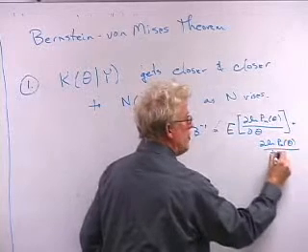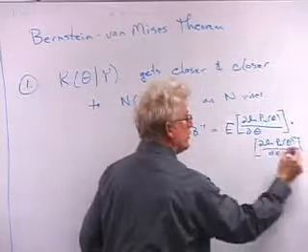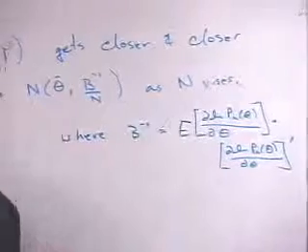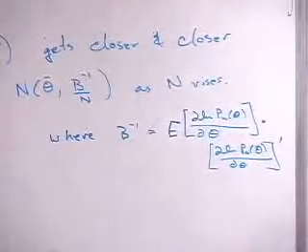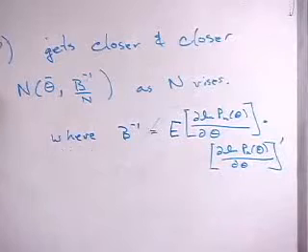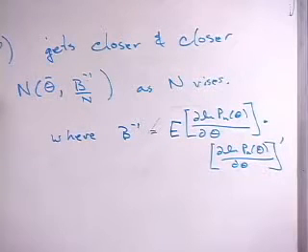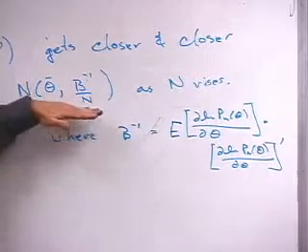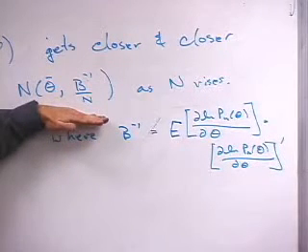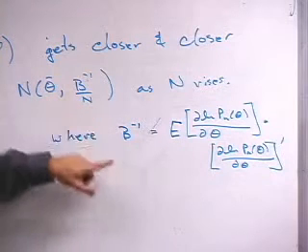This is our BHHH estimator in classical terms of the variance-covariance matrix of the maximum likelihood estimator. So what this is showing is that the posterior distribution becomes normal as sample size gets bigger and bigger with the same variance as the maximum likelihood estimator.